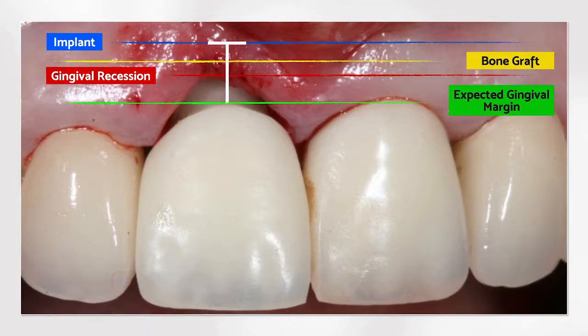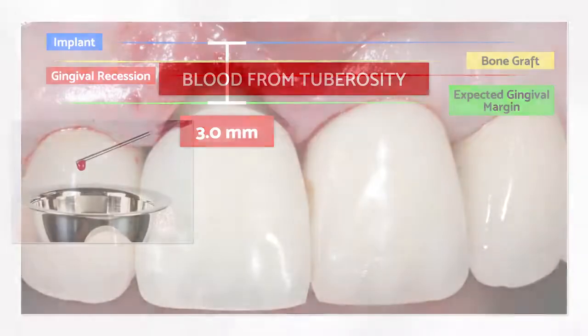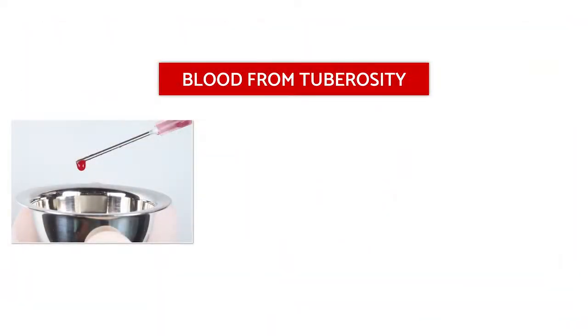From the head of the implant to the cervical area of this provisional restoration, we should have around 3 millimeters. We supplied blood from the tuberosity.